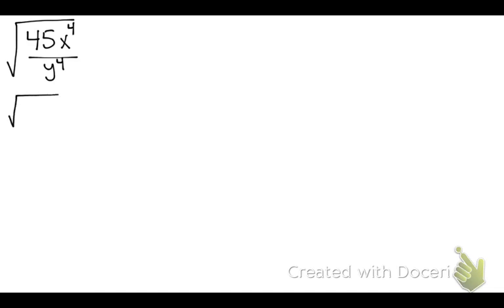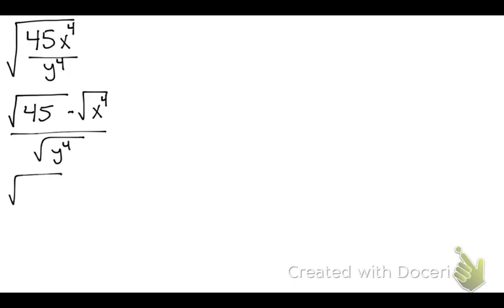We can think about this as the square root of 45 times the square root of x to the 4th over the square root of y to the 4th. And 45 is, well, that's 9 times 5. And x to the 4th is x squared squared. And y to the 4th is y squared squared.